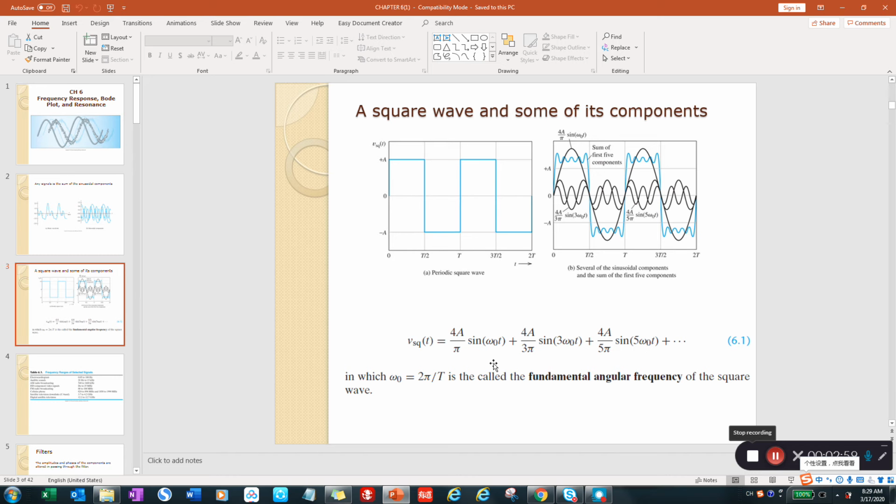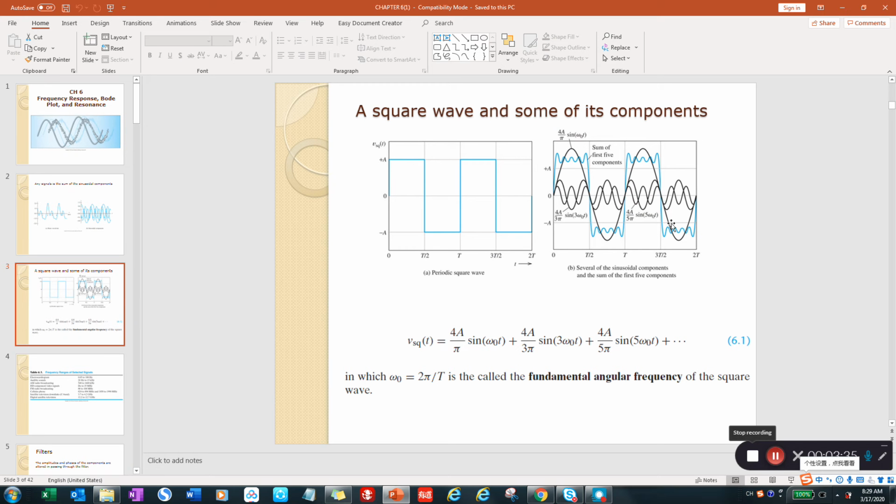You can see the frequency, in fact, increases, because we know that in sin omega t, omega equals 2 pi f, so the frequency of the sinusoidal components will increase. So for this square wave, as the frequency increases, the amplitude, in fact, will decrease.